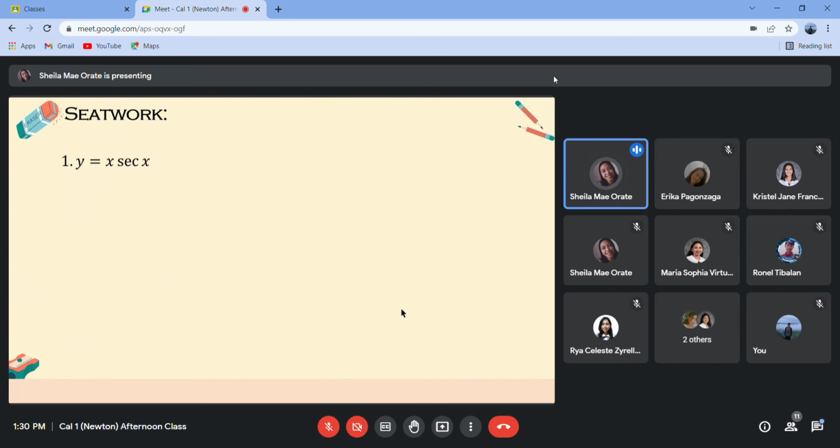Okay. So now we have seat work here. We have x secant x. So you have to find the derivative of x secant x. What do you think is the derivative of x secant x?